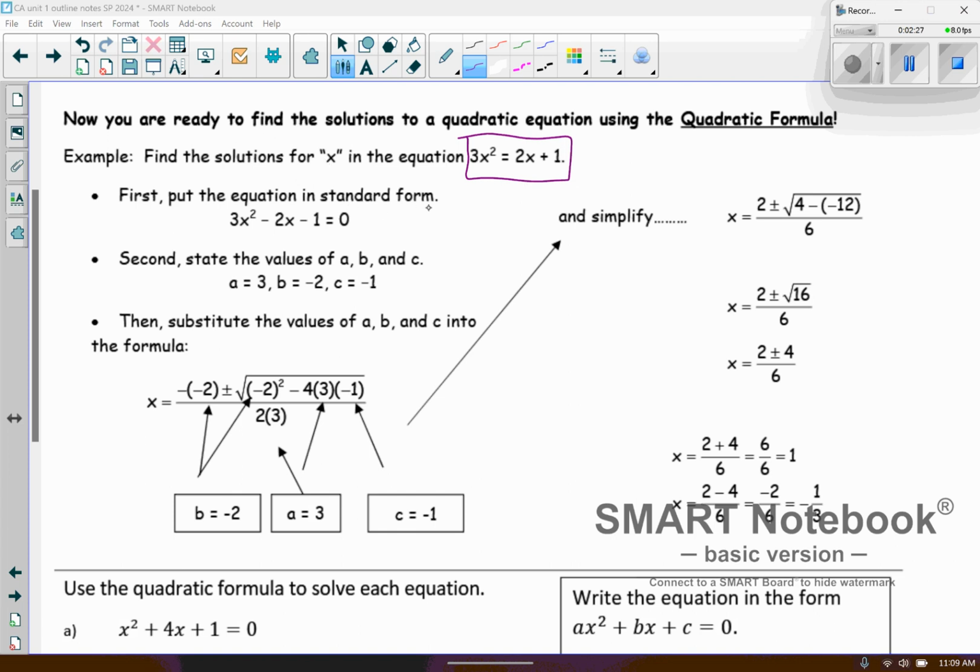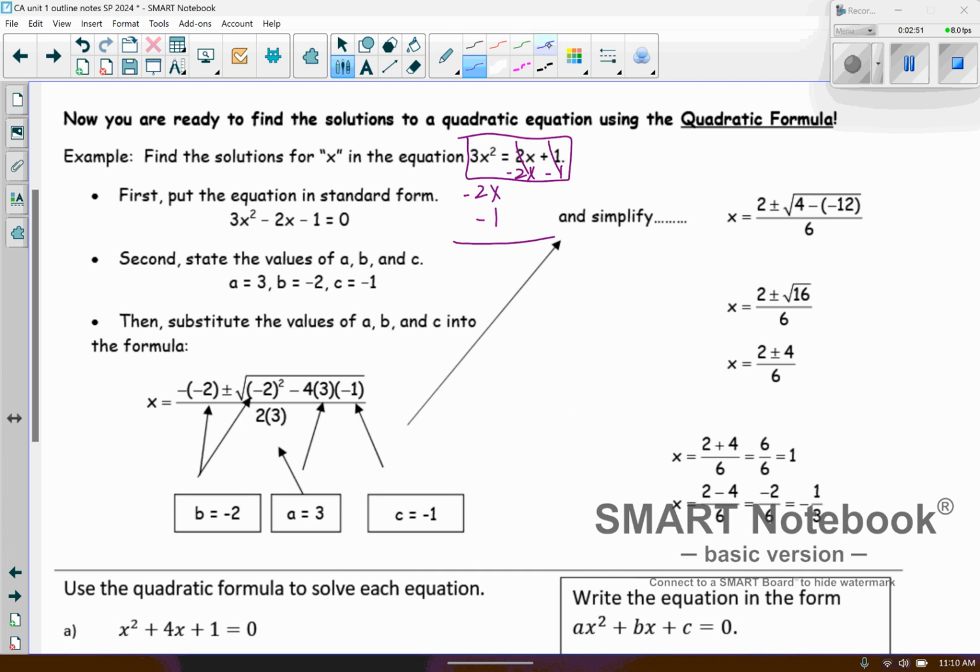So we have to set one side equal to 0. What we had to do here is subtract 2x from both sides and then subtract 1 from both sides. Those cancel out, and that's where we get the 0. On the left side, we have the 3x squared, the minus 2x, and the minus 1. None of those are like terms, so they all have to stay separate.